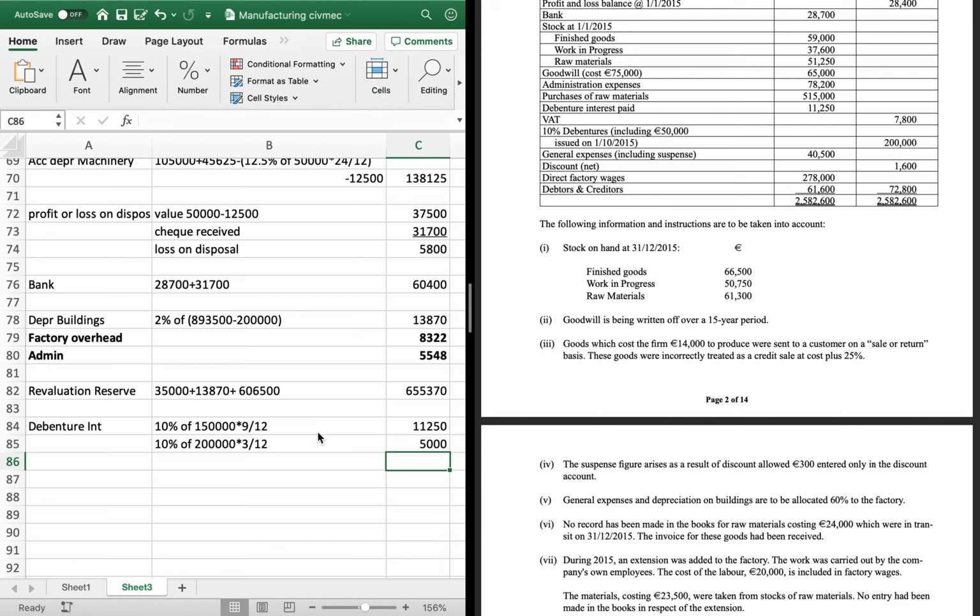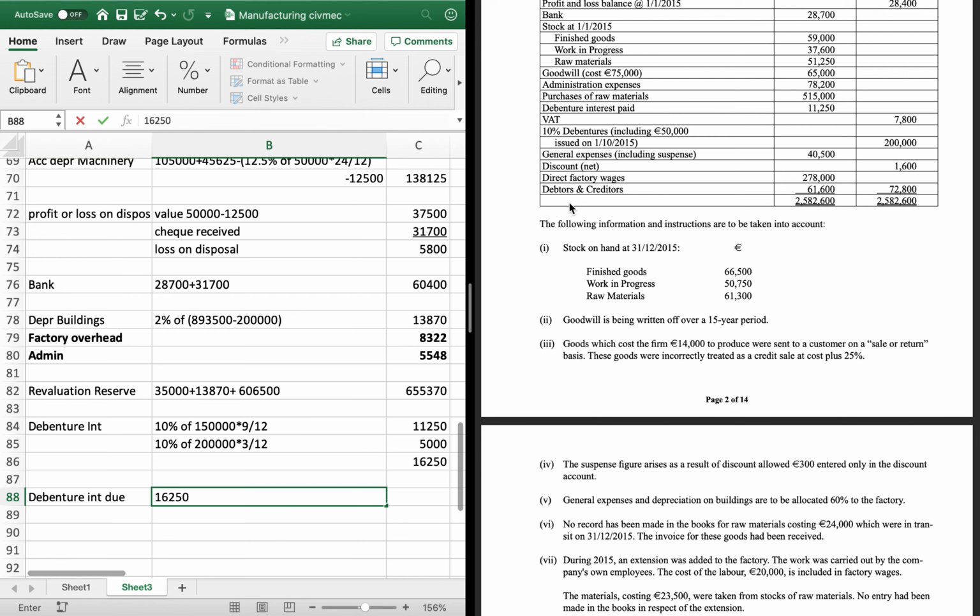In total then that's 16,250, of which the debenture interest due is 16,250 minus whatever we've paid already. Going up to the question, you'll see debenture interest paid is 11,250. That gives you a debenture interest due of 5,000.